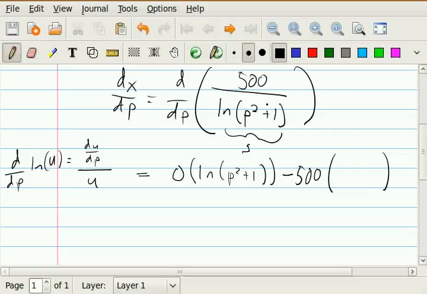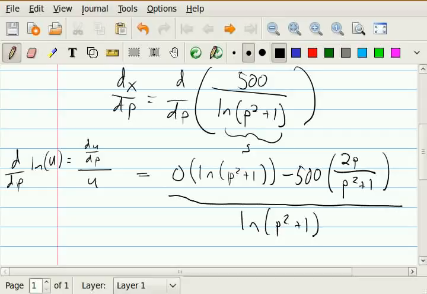So I take the derivative of what's inside with respect to p, and that's just going to be 2p, over the stuff inside, p squared plus 1. And this is all over the denominator squared. When you raise a log function to a power, it's a good idea to put it in parentheses or brackets. That tells me that it's the log function that's being squared, not the stuff inside.